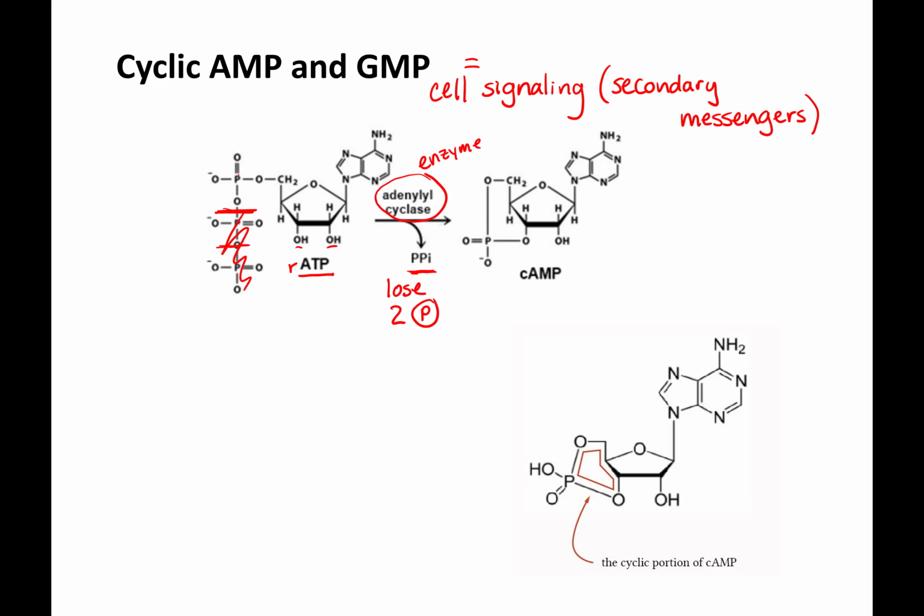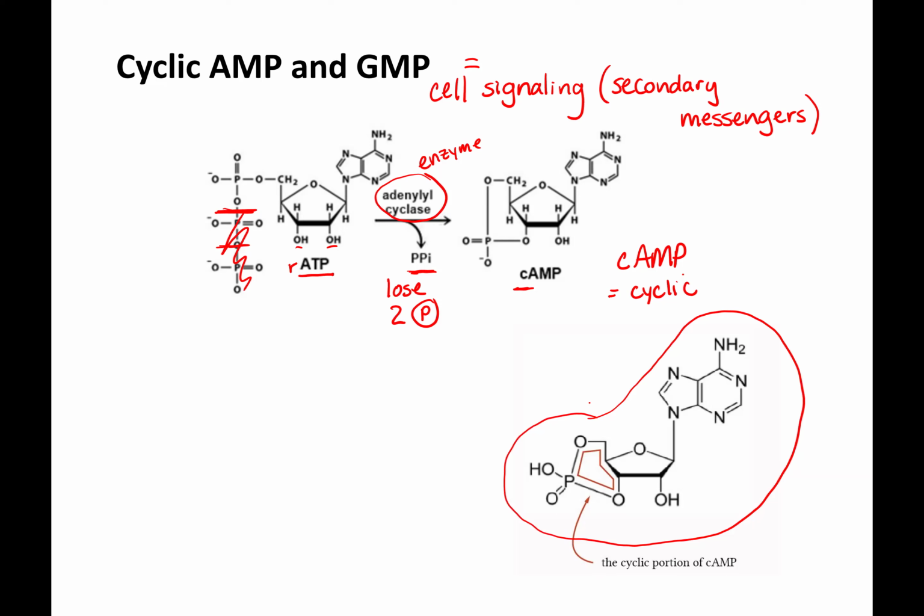And then there's this interesting reaction where it cyclizes. So that cAMP, that C stands for cyclic, and that's shown down here. So it cyclizes these bonds. And so cyclic AMP has a role as a secondary messenger.